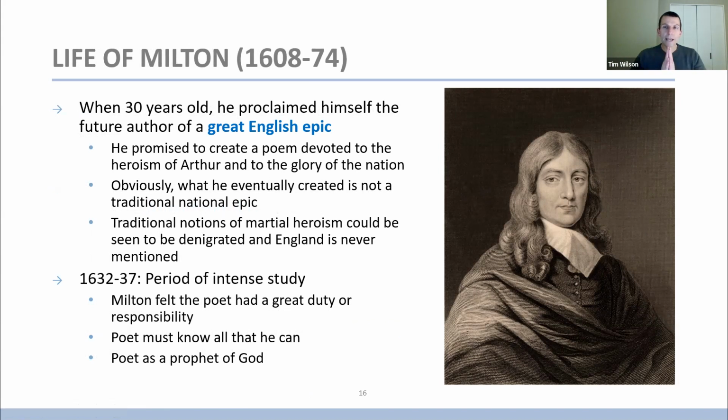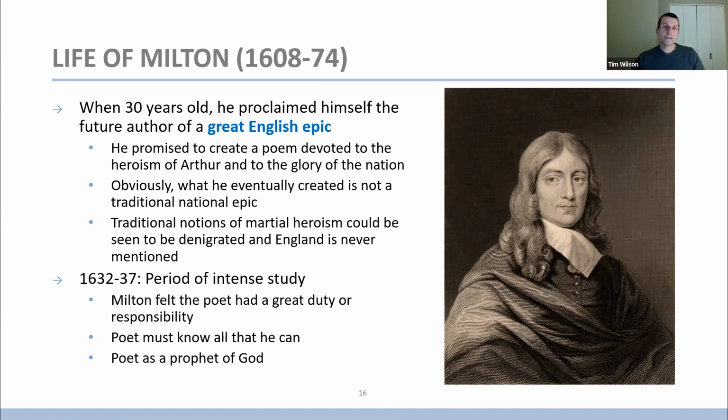So rather than writing of King Arthur and of the founding of England as a national identity, following Edmund Spenser's, that's what Edmund Spenser's epic is about, we have an epic that is not at all about that and doesn't mention England. So there's new senses of heroism, this kind of universal sense of humanity, of cosmic history rather than national history.